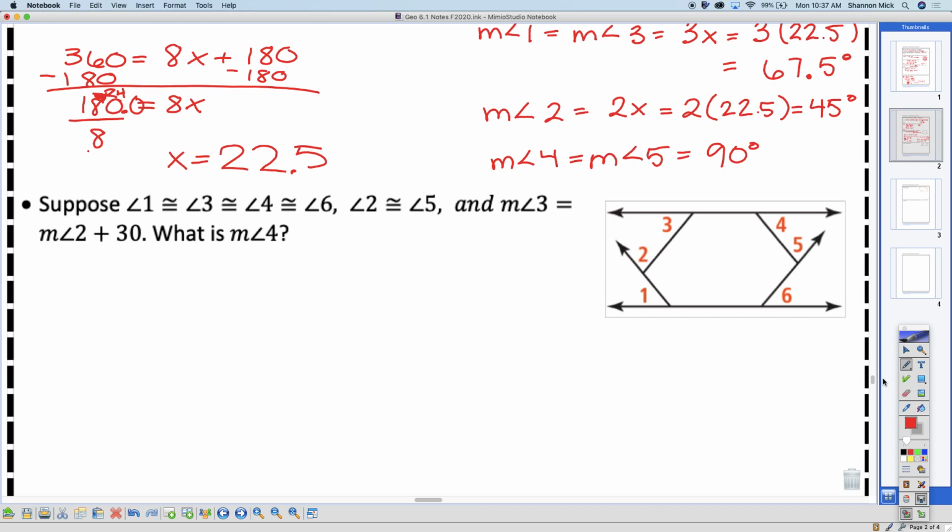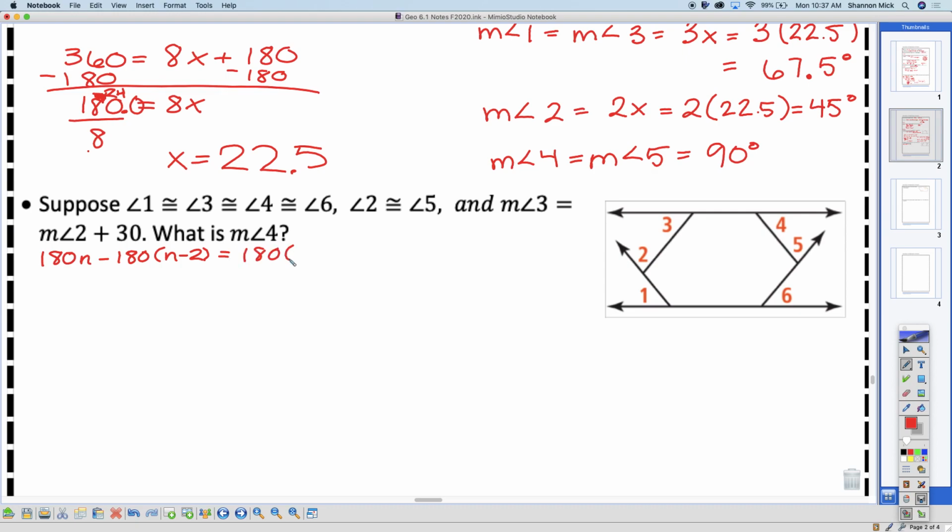We know if we add up angles 1 through 6, we get the total, right? Exterior. So how are we going to find that total number? We're going to use our formula, 180 times n minus 2. So what's my n in this picture? 6.